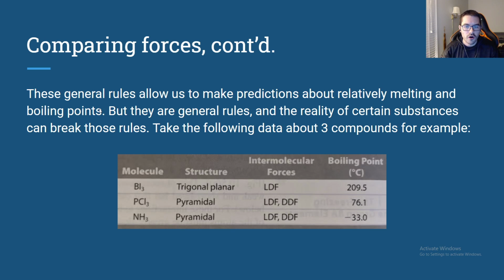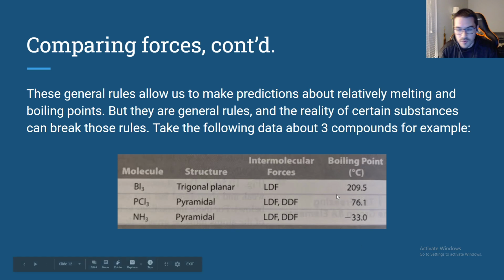But they are general rules. The reality of certain substances can break those rules, so it's not something that you can strictly adhere to, but it can give you enough information to make some predictions. If you're presented with some data, however, we have to be able to think critically to try to explain what's going on.